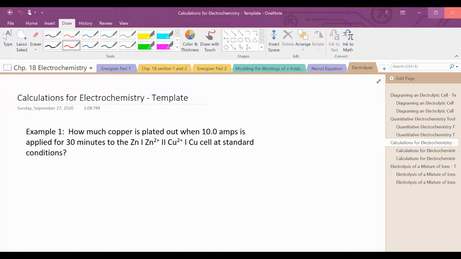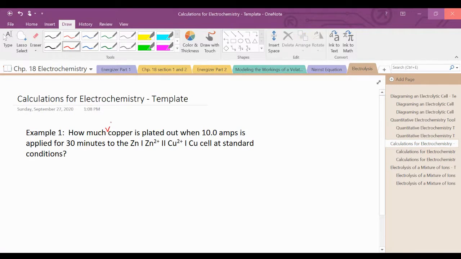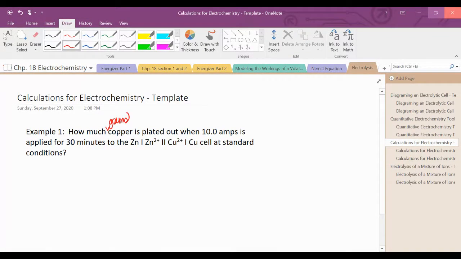I want to know how much copper, and we're going to do our how much in grams, is plated out when 10 amps. So here's what we should remember from our toolbox: amps is the unit for current. It is a derived unit that tells me coulombs per second.